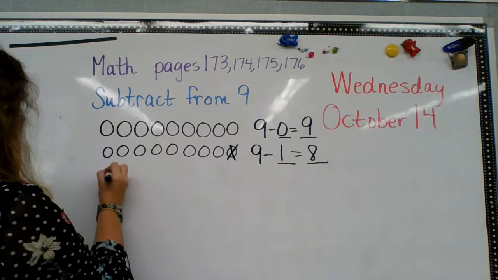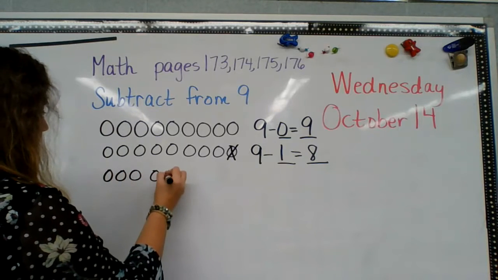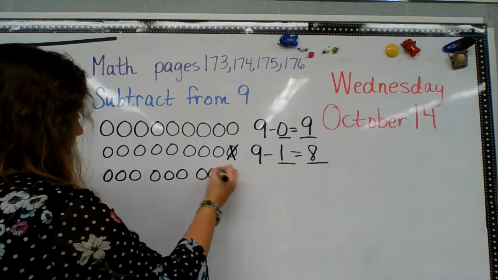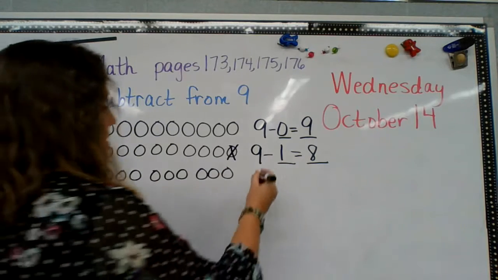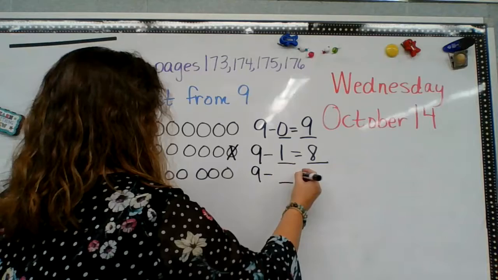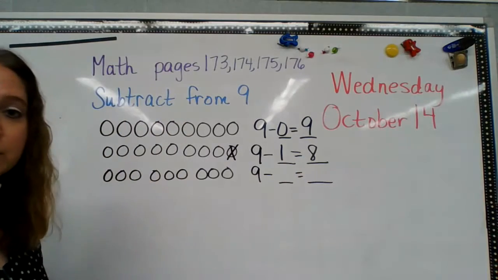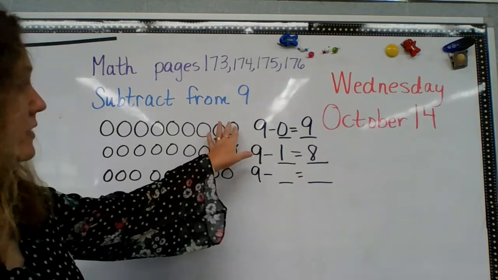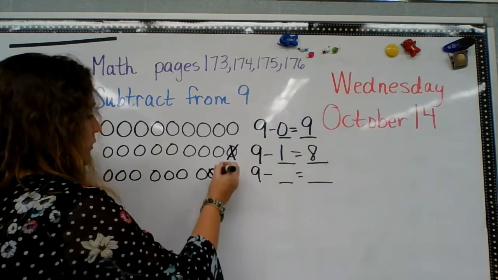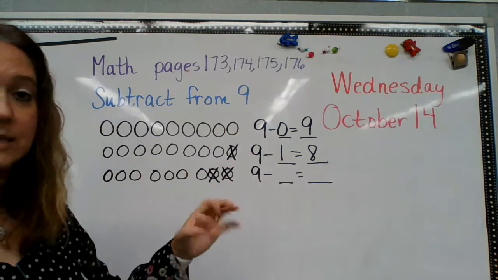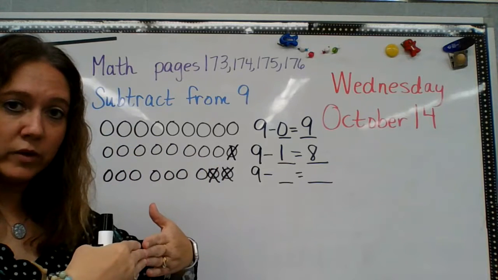Okay, I'm going to make 9 again. I'm going to make sure this time that I'm making 9. Subtraction number sentence, 9 minus blank. I crossed off 0, I crossed off 1, now I'm crossing off 2. So if you are using pieces, every time you need to start out with 9 again.